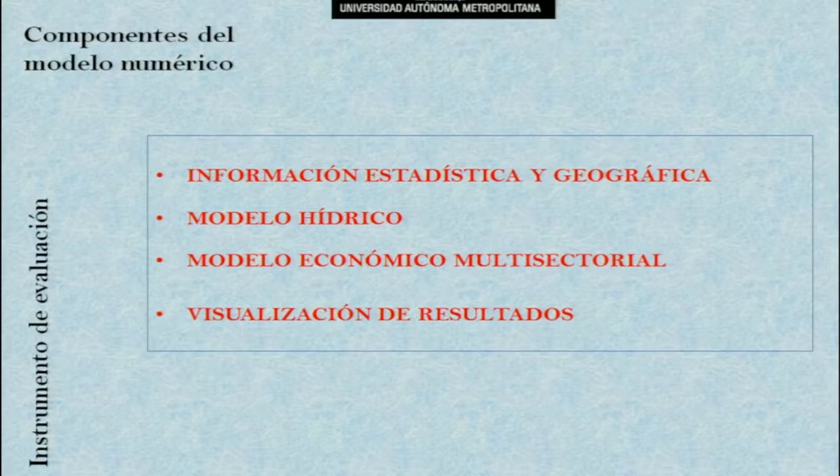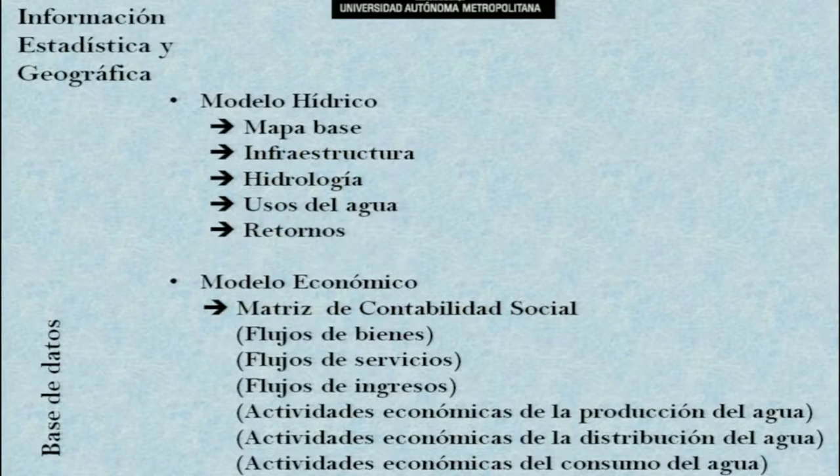we have classified all this information. This information has been requested as a user. It's not hypothetical information we should use for the water model. We need to have a basic map of the basin of Mexico City, of the Valley of Mexico, and the water infrastructure to get to know the infrastructure and the water processes and the use of water, as well as the returns on water.